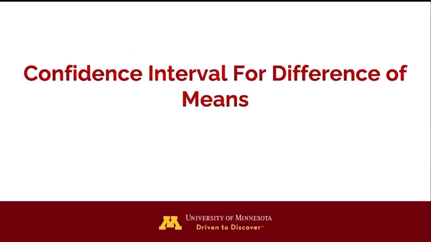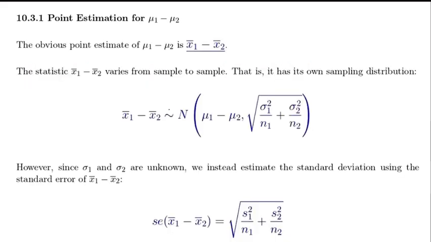Now I want to walk you through the confidence interval for the difference of means. Why do we need a confidence interval? Because when you go back to the point estimate, this formula could give a result that is too high or too low. That's not reliable.